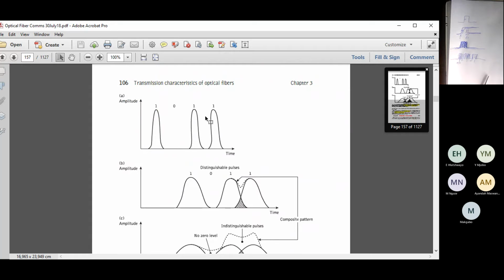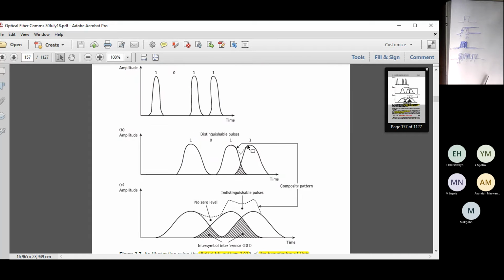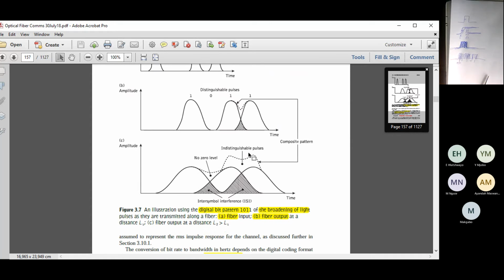And I just show you here there's a 1, 0, 1, 1, 1. That's what I've drawn in the picture now. And with this 1 and 1, we can still discern the two. But as the pulse broadens here, they're mixing into each other, you see? And when they're mixing into each other, they start making trouble. And here you can see the big trouble. The pulse broadening is mixing even more here. And now you can't see it's a 0.